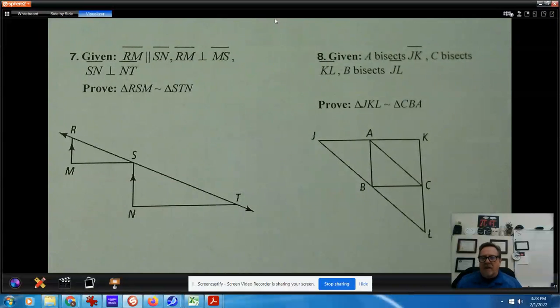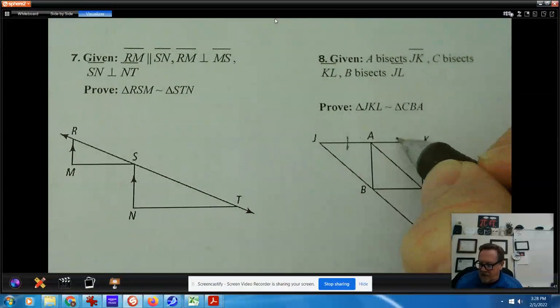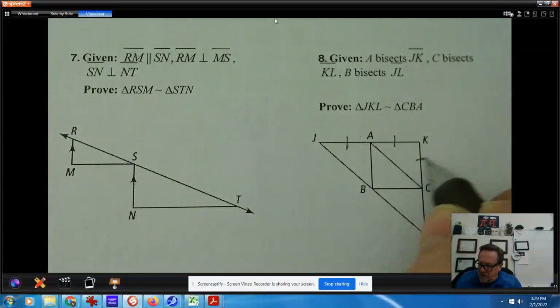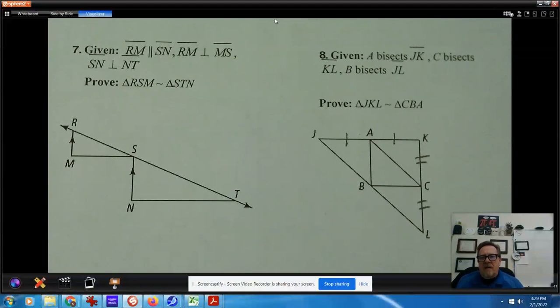But let's write down some information. It says that A bisects JK. What that tells us is that that segment and that segment are the same length. And then it tells us that C bisects KL, so that that segment and that segment would have the same length. And then it tells us that B is bisecting JL.